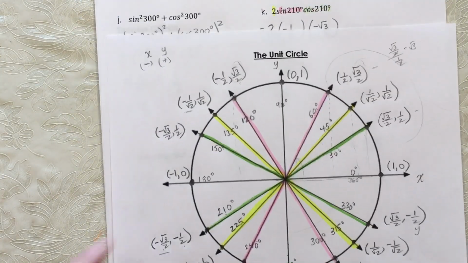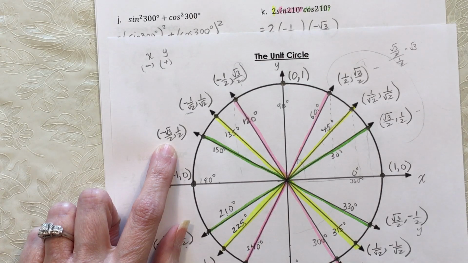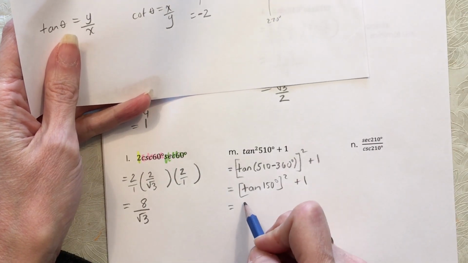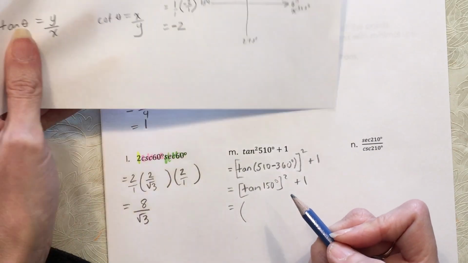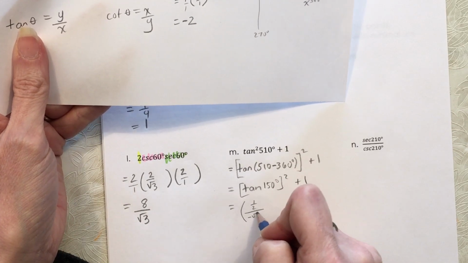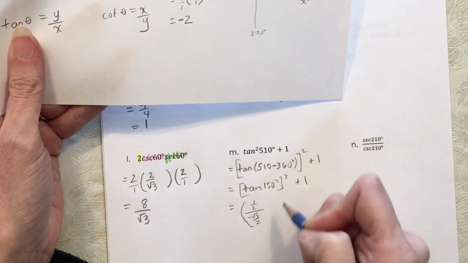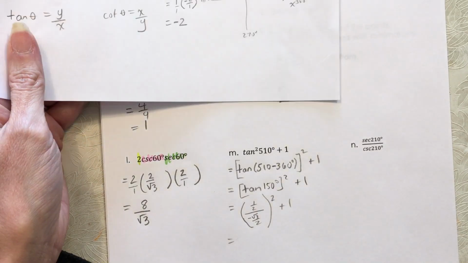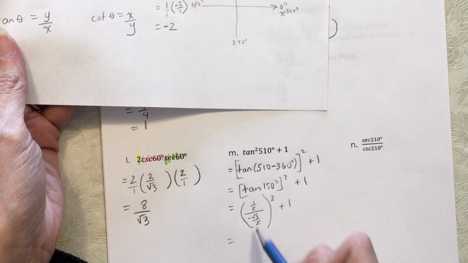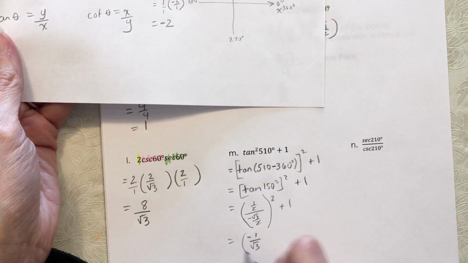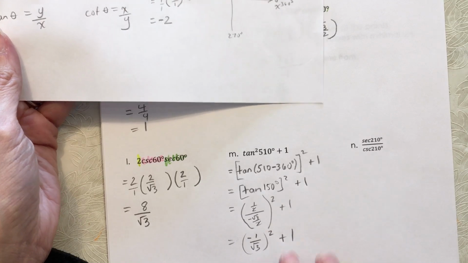So if we find 150, the y value is 1/2, divided by -√3/2. So I'm going to write it out. At 150, the y value is 1/2 divided by the x value, which is -√3/2, big bracket here, all squared, plus 1. And we know that we can divide the denominators out, so I'm just going to be left with -1/√3 squared plus 1.